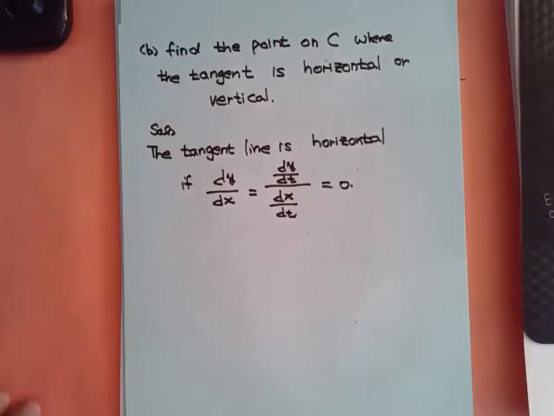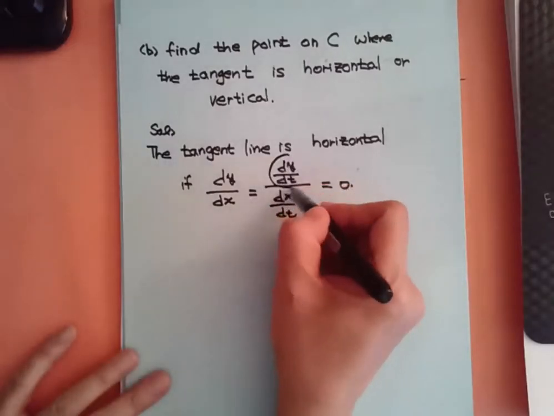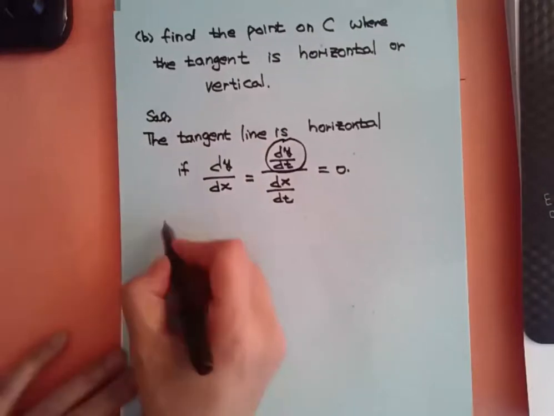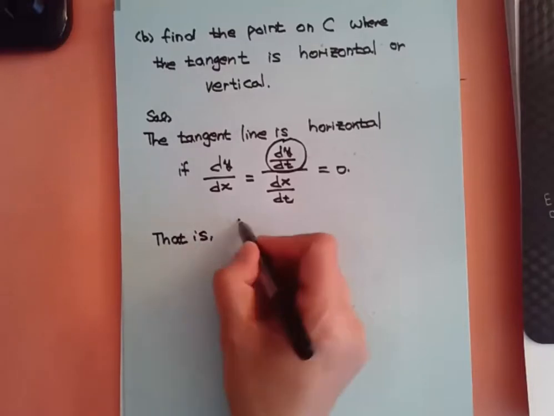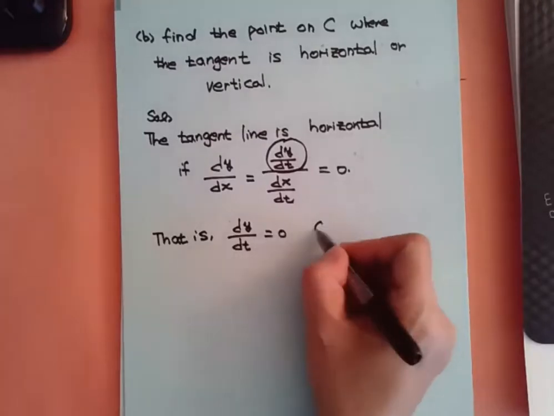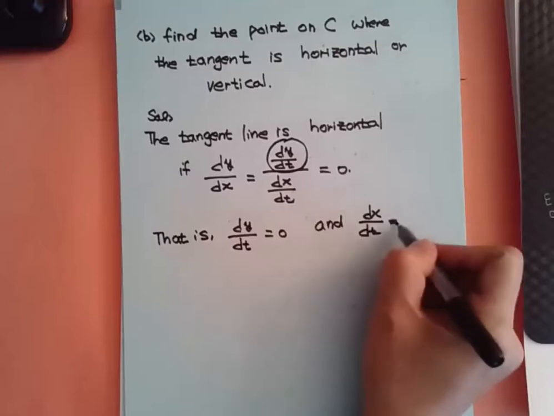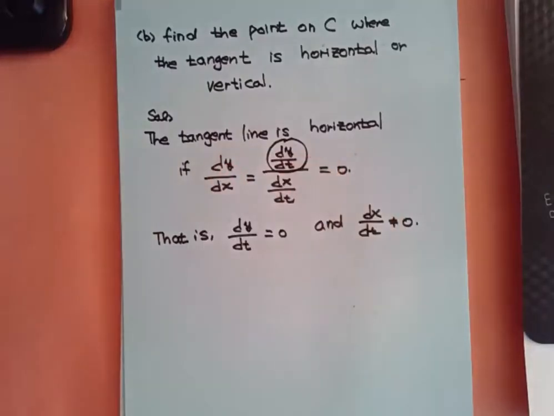So we are talking about the fraction. The fraction is 0 if the numerator is 0. So that is dy over dt equals 0 and dx over dt is not equal to 0, meaning the fraction is defined and the numerator is 0.